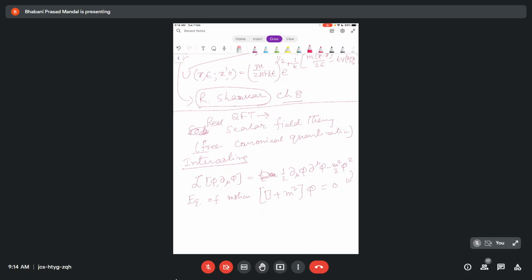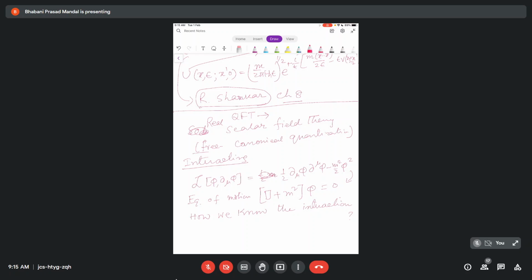Okay, now first thing is how we'll introduce the interaction. How do you know what kind of interaction there will be for the scalar field? So how do we know? Interaction. Anybody has any idea how?